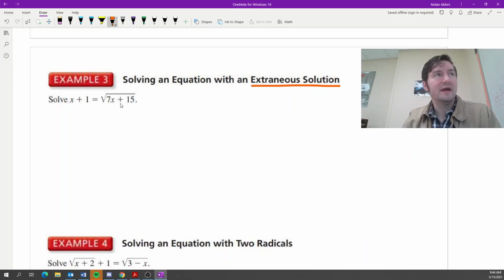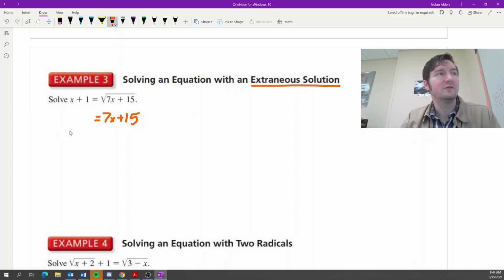It looks like we already have this isolated on one side of the equation. So we can do the opposite, which is to square this. We'll be left with 7x plus 15 on the right side. That's a bad 5, but we'll just leave it. And then we want to square this left side.